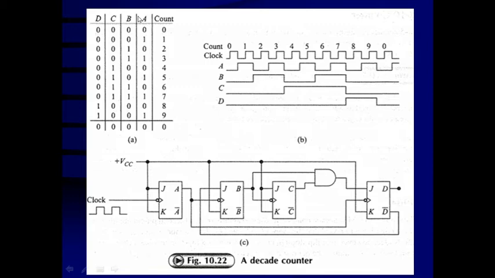Now from this waveform we can prepare a truth table. D is the MSB and A is going to be the LSB.